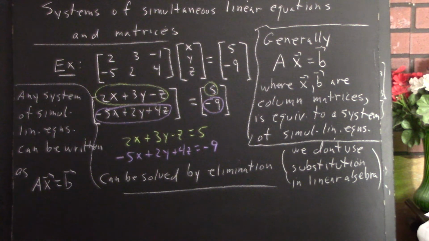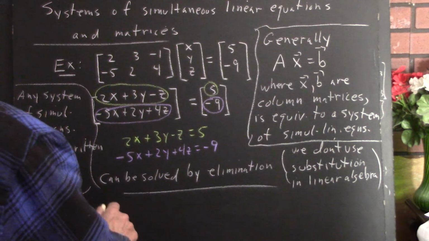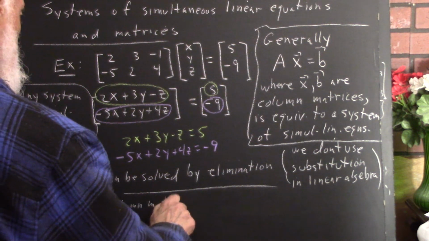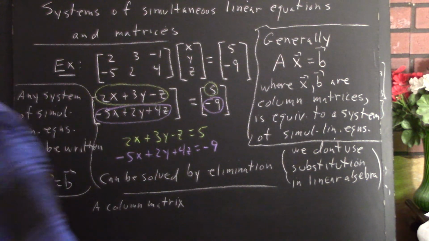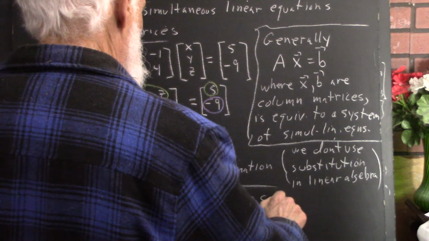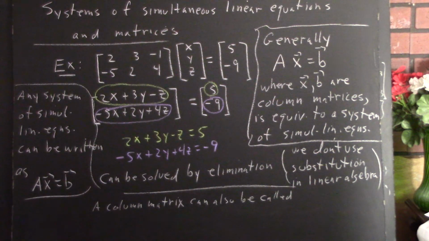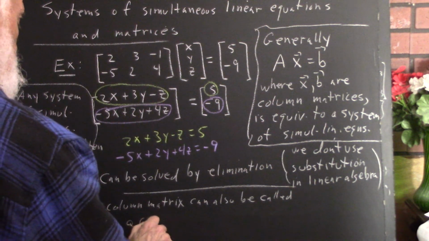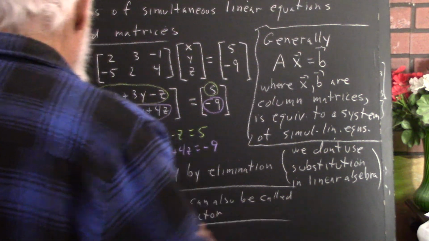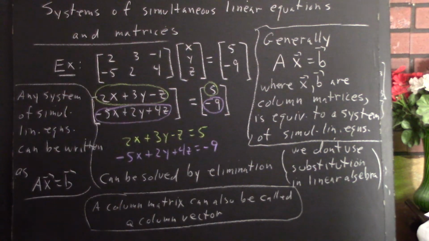A column matrix can also be called a column vector, and can represent a vector in a vector space, but that's a topic that we'll get to in just a little while.